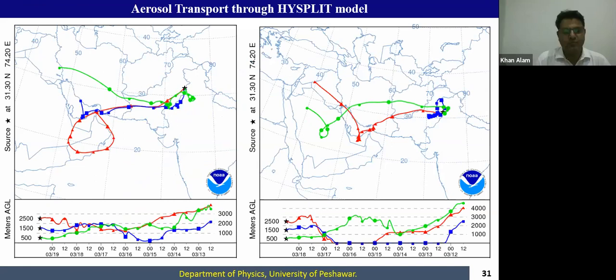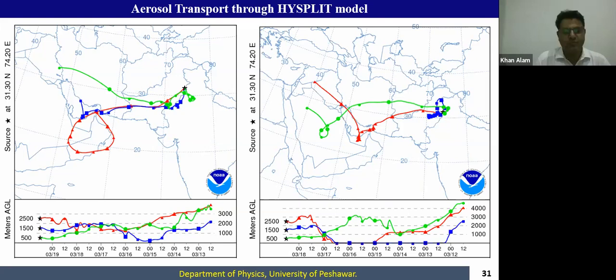This is the aerosol transport from the Middle East, from Syria and Iraq regions to Lahore. So we use the HYSPLIT model.